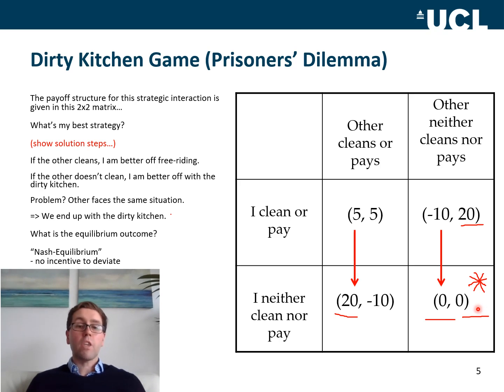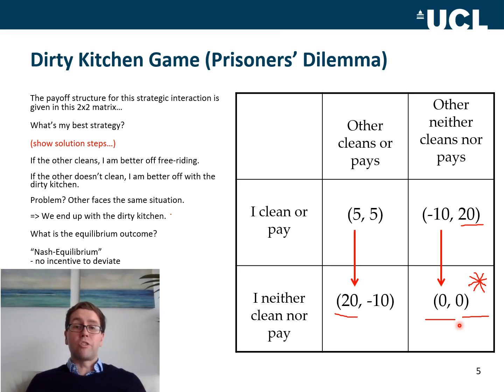and we find ourselves in the dirty kitchen situation. Now, what's the problem with that? Well, the problem is that it's bad, that it's not optimal. If we could only agree, we could find an outcome where we're both better off. We could both enjoy the clean kitchen, the 5-5 outcome, for example. We both like this outcome better than the 0-0 outcome. Yeah, we both could be better off, but because we're in a bad sort of Nash equilibrium, we can't get out of it.